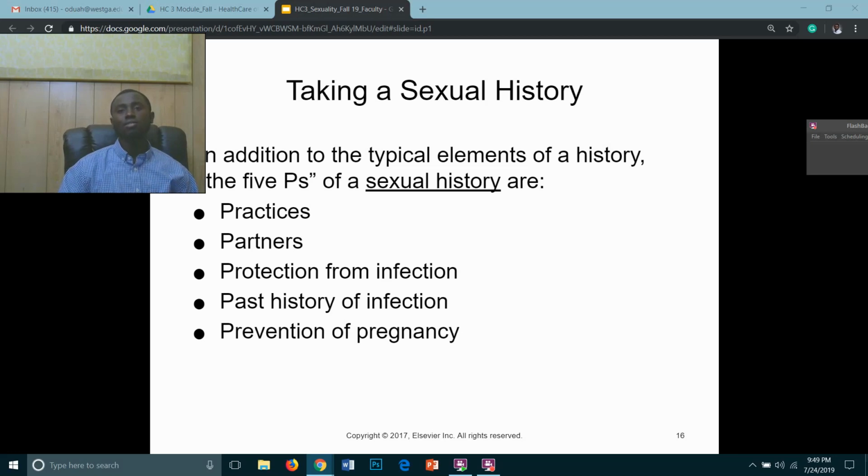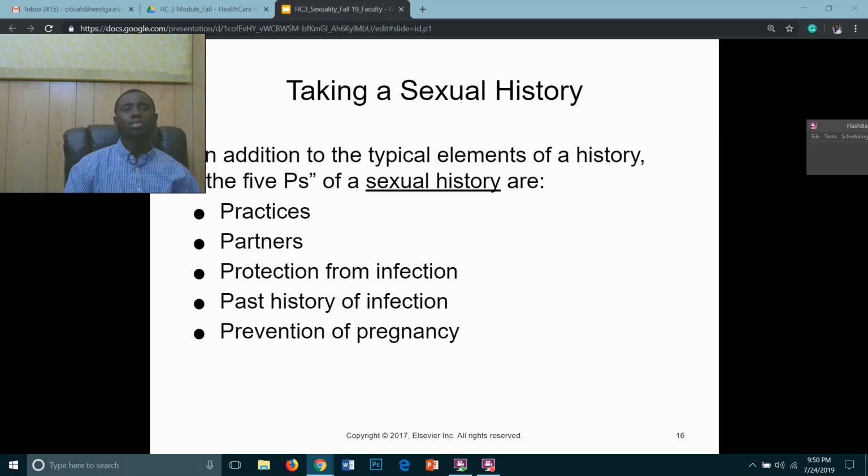The nurse should assess for the 5 Ps in addition to the element of any sexual history. So, in assessing for the 5 Ps, you want to ask the patient about practices and partners, whether the client is in a monogamous relationship, a polygamous relationship, same sex relationship, or heterosexual relationship.